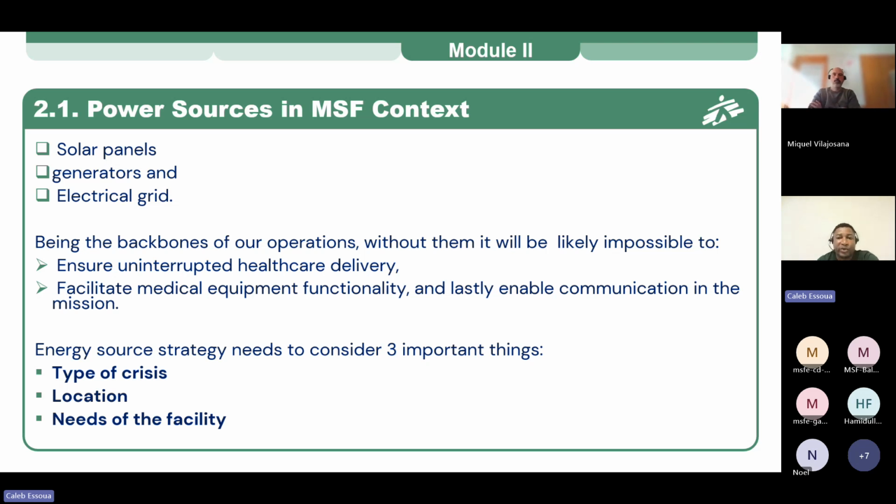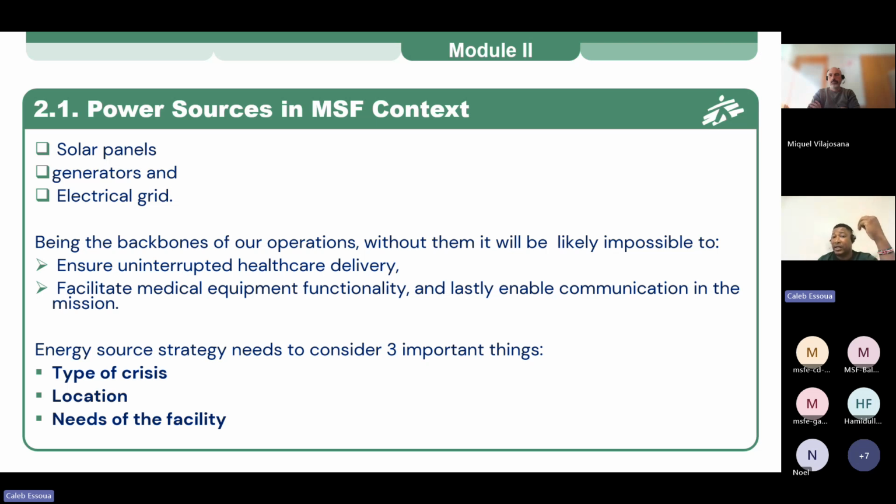So this energy source strategy that I'm talking about needs to consider 3 important things. The first one is the type of crisis. The second is the location. And the third is the need of the facility. Before you do this, these 3 important things must be checked.